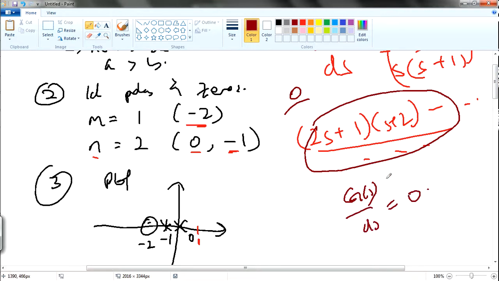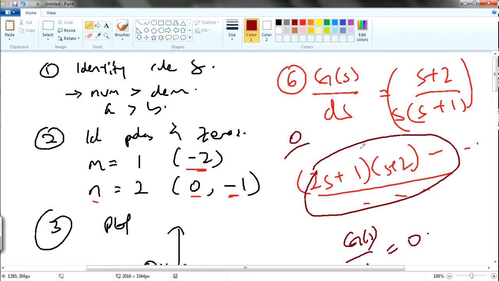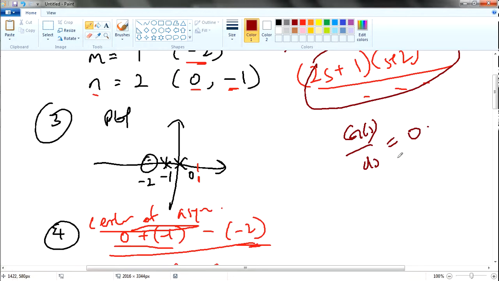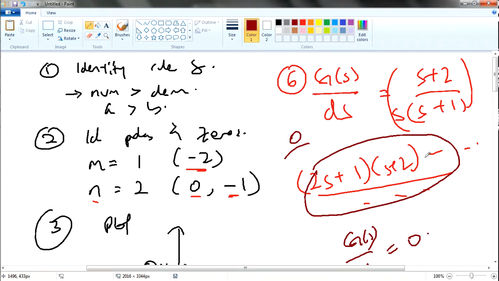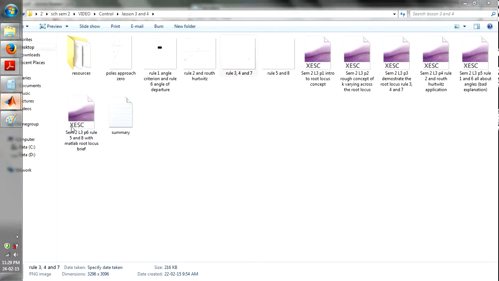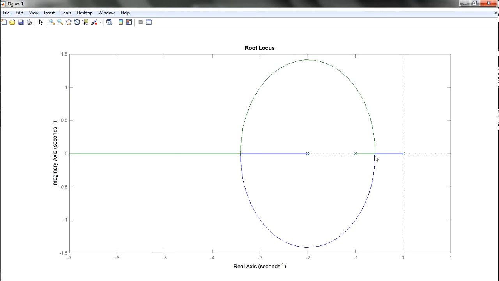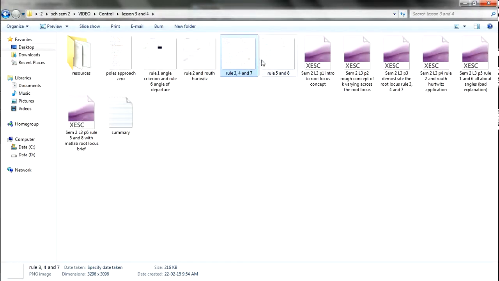So after you finish, you eventually get a quadratic equation, and then you solve the quadratic equation, you can eventually get the double point. In this case, I did it out in MATLAB. So the double point should be at this point over here. And then we have cleared away these two parts.